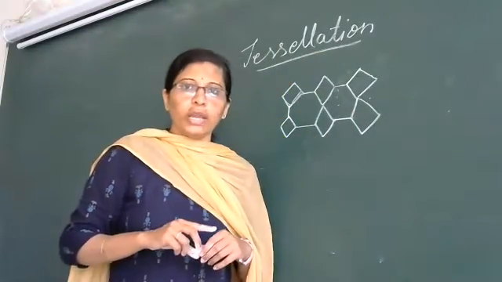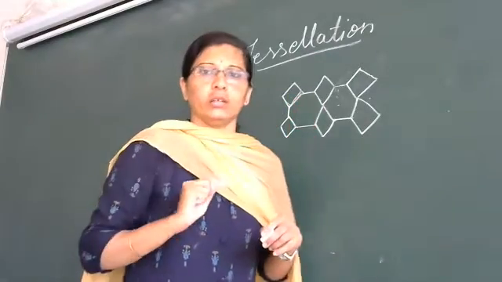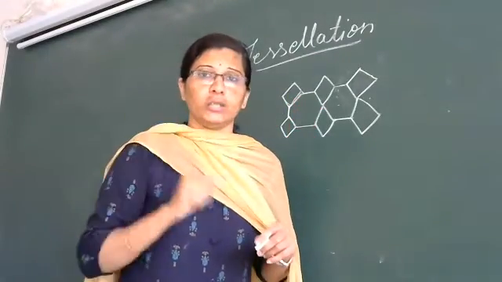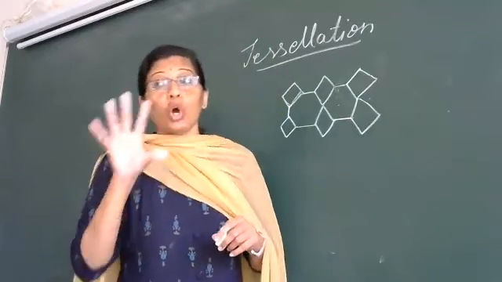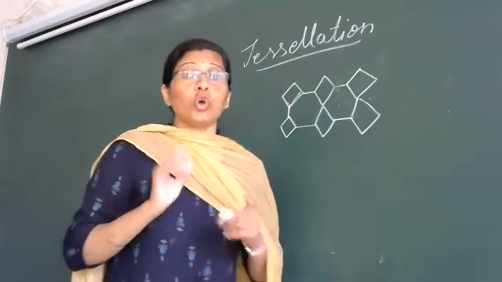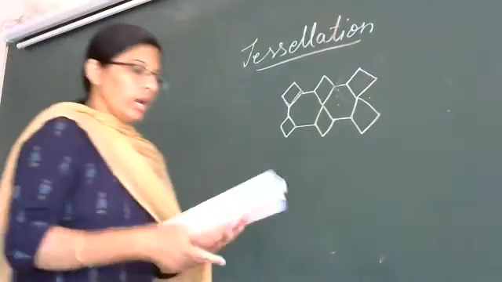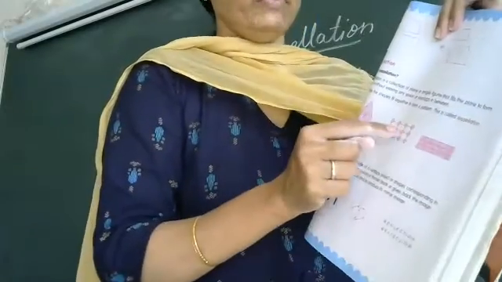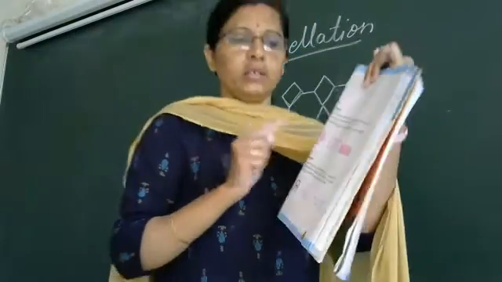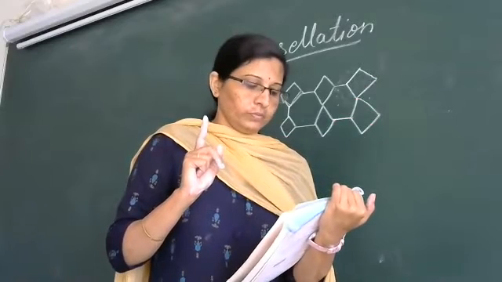In that figure in the textbook we are getting an octagon, an eight-sided figure. So that is also a plain figure only. So that pattern is also known as tessellation. Understood now? This figure, tessellation. Okay? So about tessellation, understood?